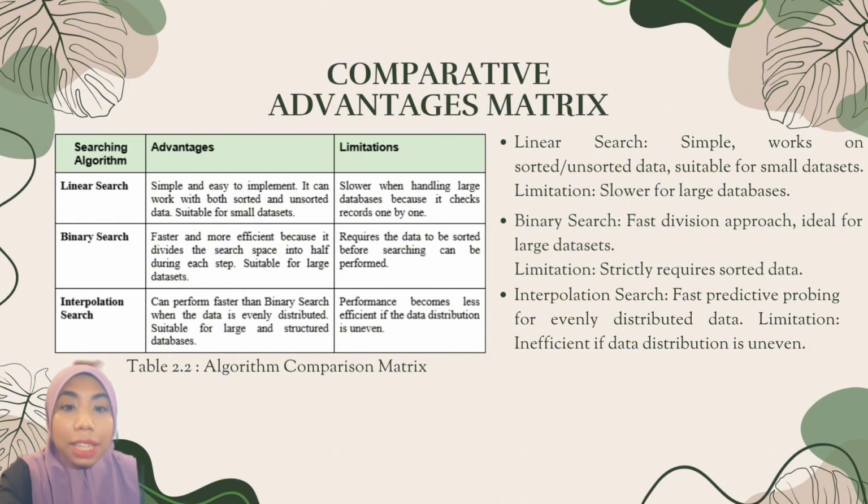Conversely, binary search and interpolation search optimize performance by utilizing divide and conquer and predictive positioning strategies on sorted fields, allowing us to bypass the linear scanning bottleneck during extensive administrative lookups.